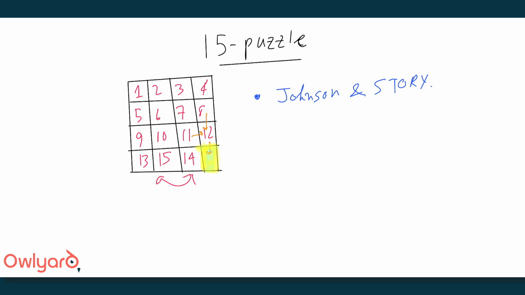Then all these permutations can only be even permutations.